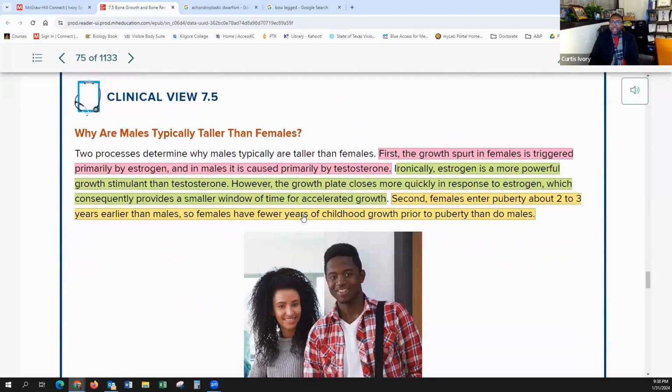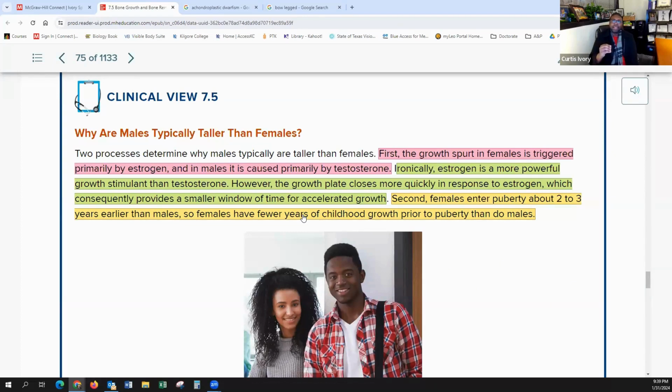So here's an interesting fact about why men are typically taller than women. We've always heard women mature faster than men, but in this case, women hit their growth spurt first. They go through puberty first. And usually puberty is brought on in women by a burst of estrogen.